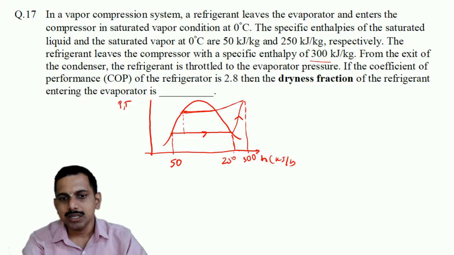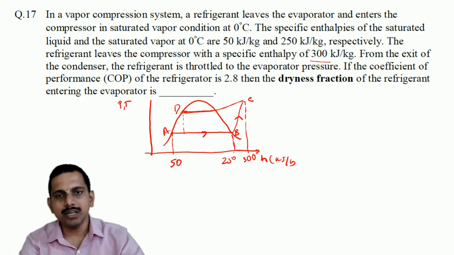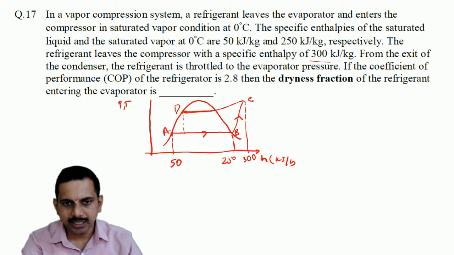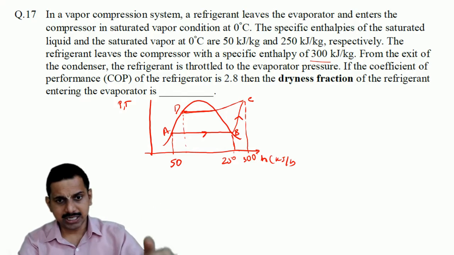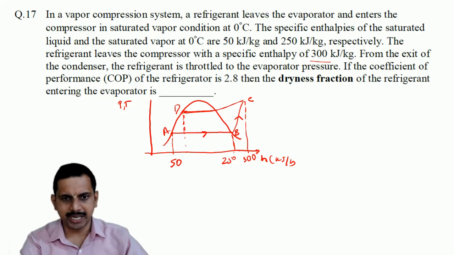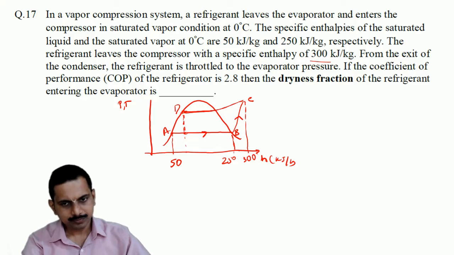So from A to B it is the evaporator, B to C is the compressor, C to D is our condenser, and then throttling. Throttling is an isenthalpic process, that has to be understood. So enthalpy is the same, and it is an irreversible process. That's why it is put in a dashed line. So it will come and stay here.